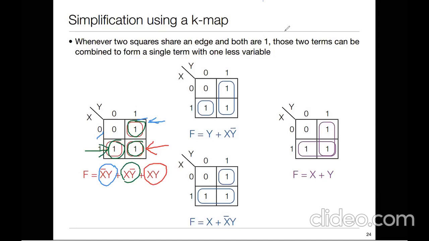Here I can simplify this further, right? I can take x common or y common. If I take y common, x bar plus x will be retained, plus I can write xy bar.